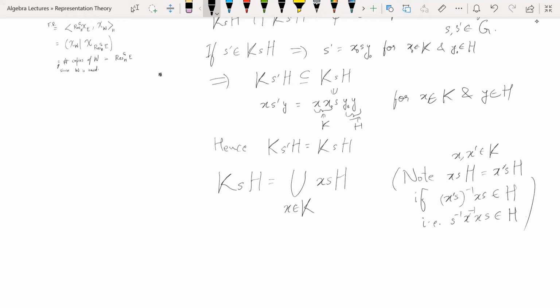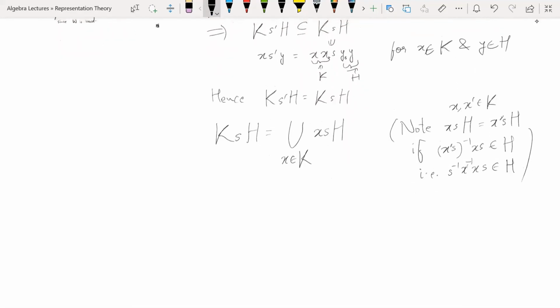So one can rephrase it as x' inverse x belongs to sHs inverse. So x' inverse x should lie in this particular conjugate of H by s. That is the condition.